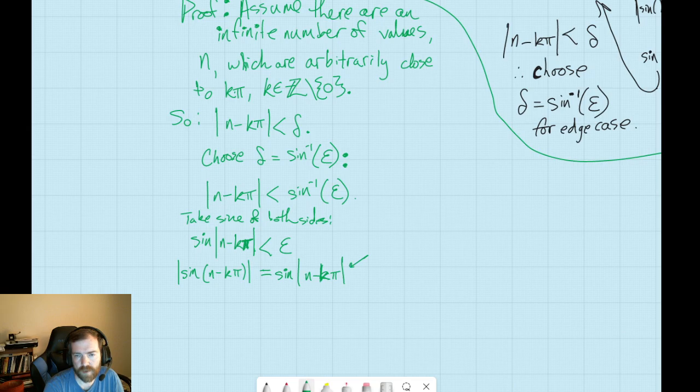All right, so reason being, sine is an odd function. And this is again for small values of n minus k pi.